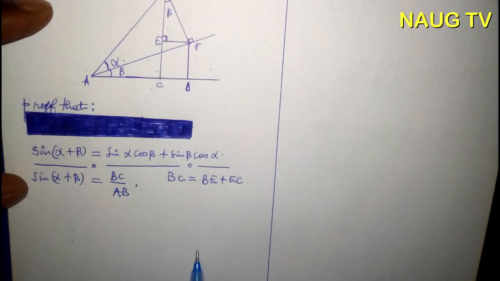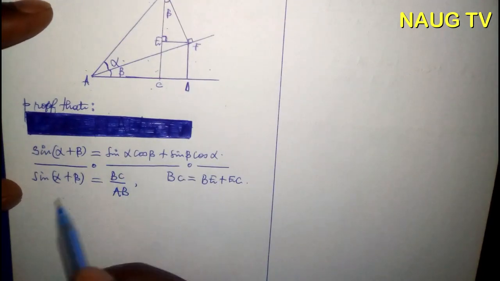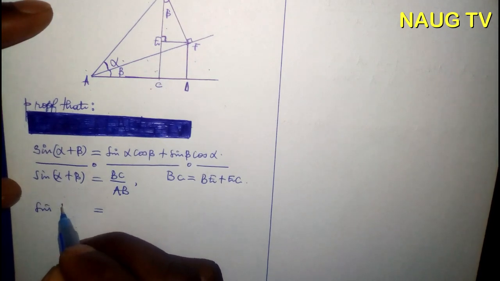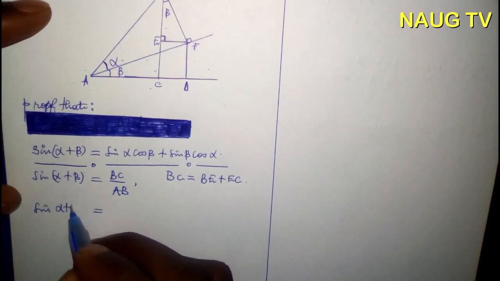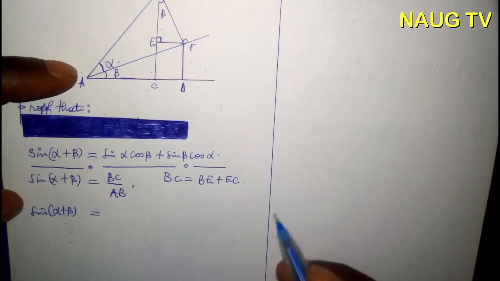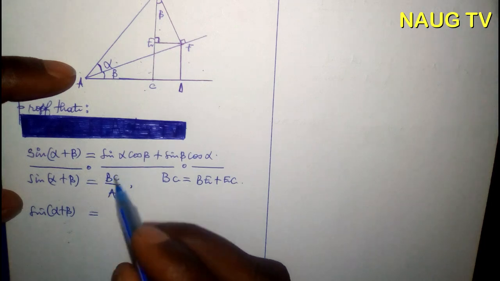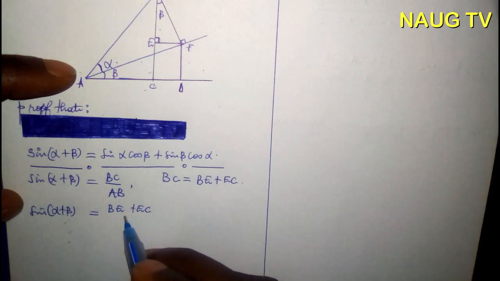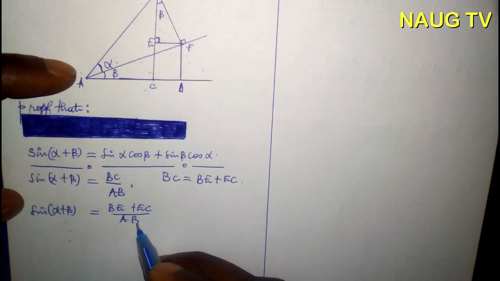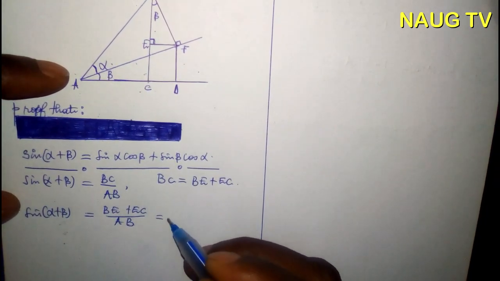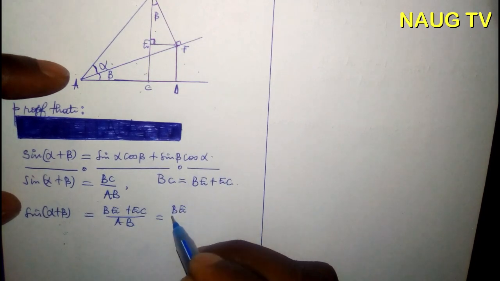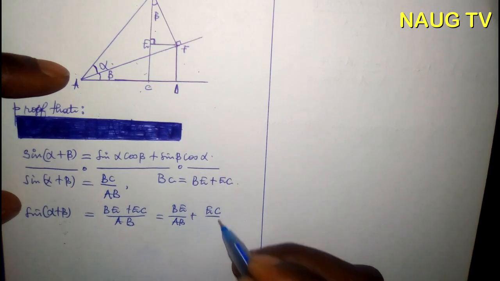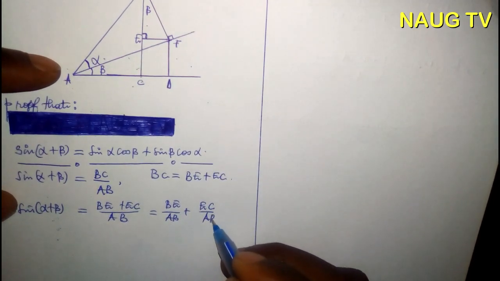So replace the value of BC in this formula so that we will get sine of alpha plus beta equals BC, which is equal to BE plus EC over AB, right? So this would also become BE over AB plus EC over AB, right?